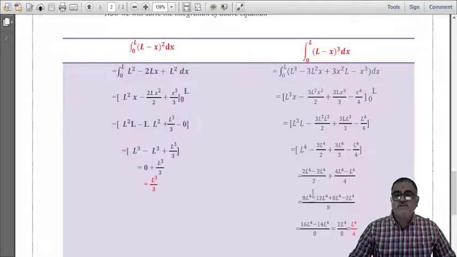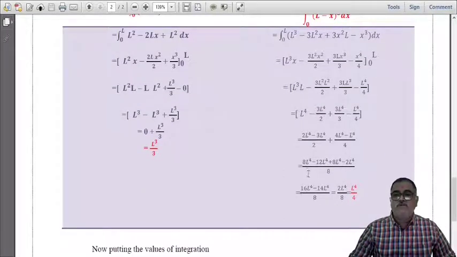See now, this 3 will get cancelled, and here we have L raised to power 4 minus 3L raised to power 4 by 2 plus L raised to power 4 minus L raised to power 4 by 4. By solving these quantities with cross multiplication: 8 L raised to power 4 minus 12 L raised to power 4 plus 8 L raised to power 4 minus 2 L raised to power 4, divided by 8. So 8 plus 8 is 16 L raised to power 4, minus 12 minus 2, that is 14.